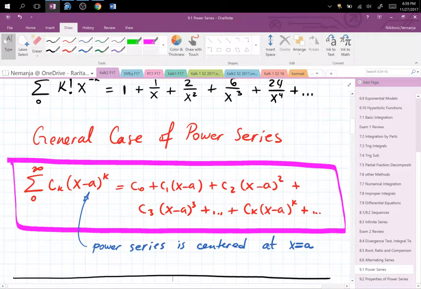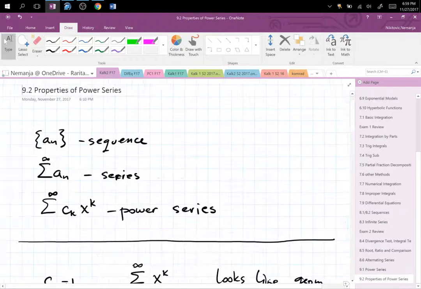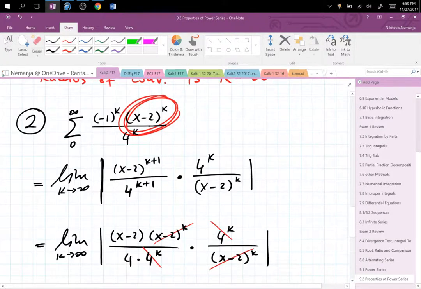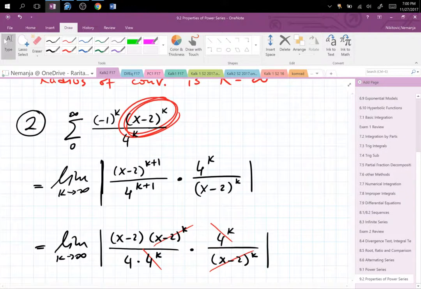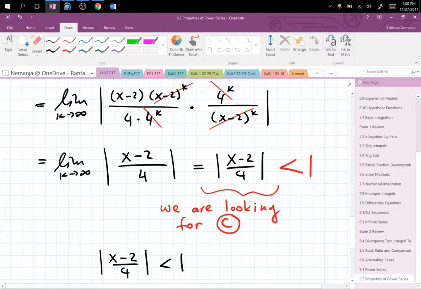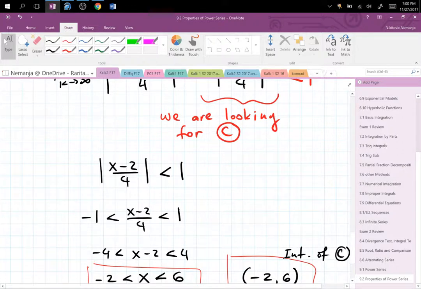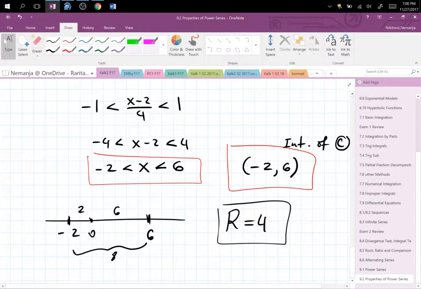functions. So now, when you go to the next one over here, all of these things click together. We see that the power series is centered at 2 because it's x minus 2. But then if you draw the graph for the radius of convergence, we came up with the interval of convergence being -2 to 6.